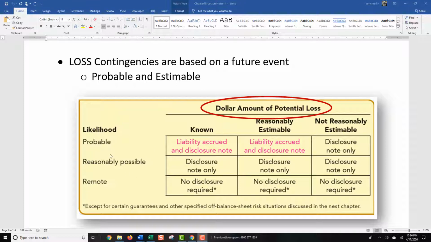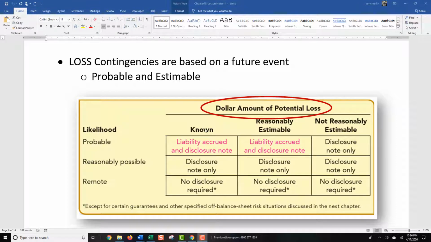So you say, is it probable, reasonably possible, or a remote chance that you're going to get sued? Right? Probable. And is it estimable, not estimable, or do you actually know you're going to get sued? So you follow this table, all right?